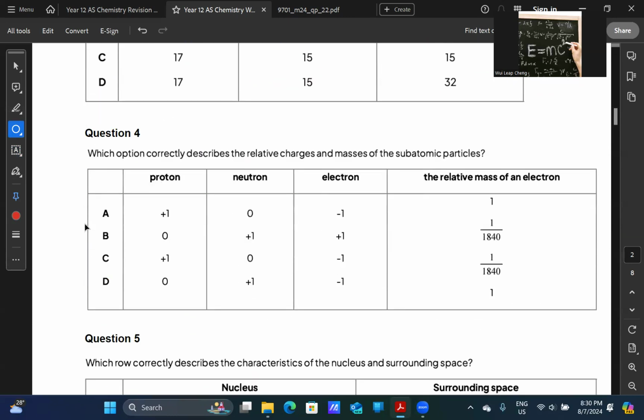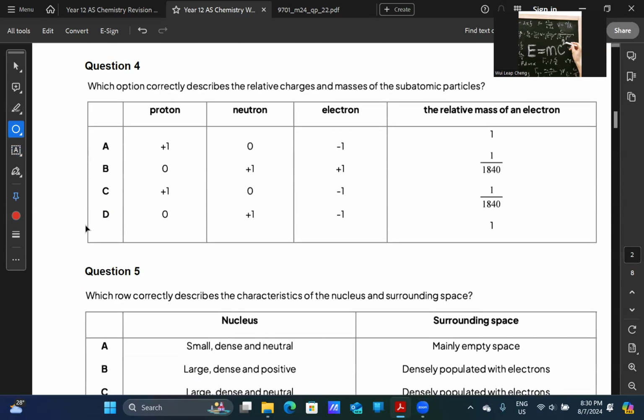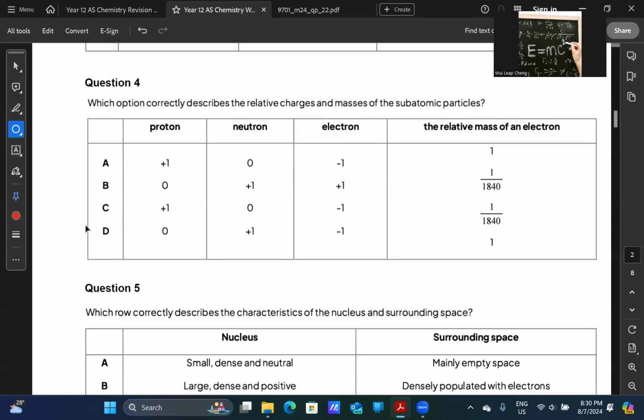Next one. Which option correctly describes the relative charges and masses of the subatomic particles? If you are a good observer, in my revision guide, I provide you with more accurate reading.